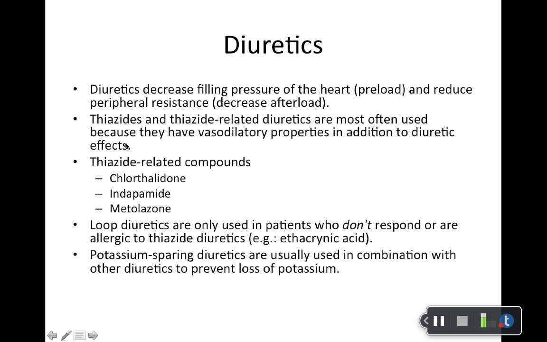As far as popularity here in the U.S., physicians typically stick with HCTZ and stay away from the thiazide-related. But in Europe and other countries, these are actually more popular, and there may be lower side effects, so you're starting to see more of the thiazide-related compounds being prescribed here in the U.S. Make sure you know the abbreviation, and you'll probably see HCTZ, hydrochlorothiazide, being prescribed on a lot of your rotations.